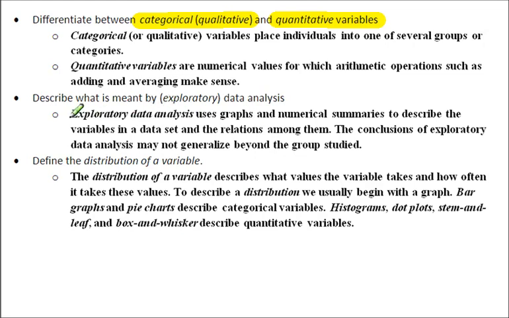Exploratory data analysis just means that I'm going to use this set of tools that I'm learning in this course and try to arrive at some conclusion. And the key thing here is the conclusions can't be generalized outside of the group studied. So if I do a study about how teenagers learn and the only people I study are a random sample from Kents Hill School, I can't expand that to a public school or even another private school or anywhere else.